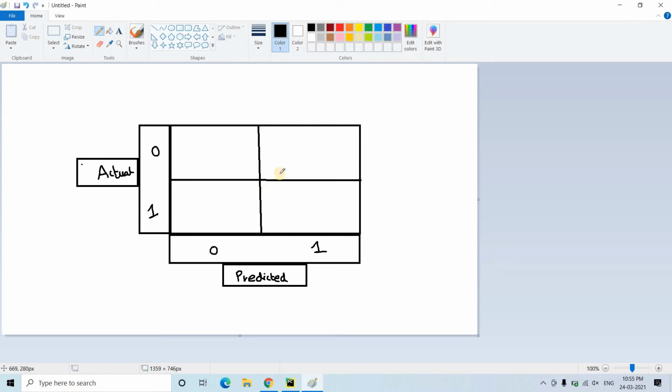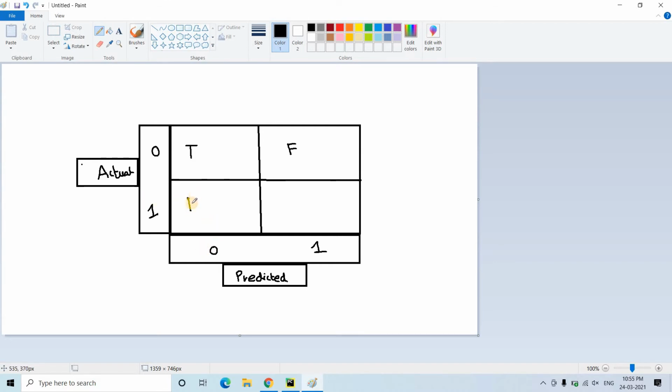Now see what I am writing and observe the writing pattern. Actual 0, predicted is also 0. That is our prediction is correct, right? So here we will write true. Actual is 0 in this row, but prediction is 1. That means this is false. Our prediction is going wrong. Here in this row actual is 1, prediction is 0.